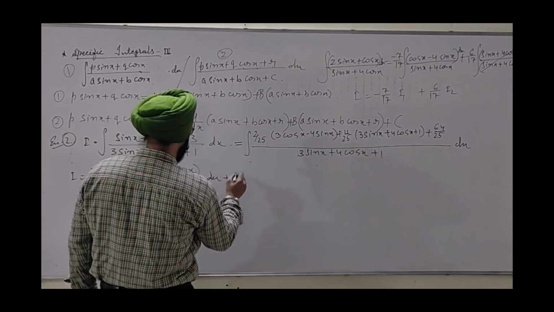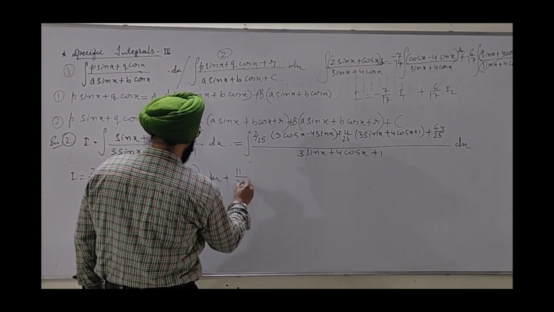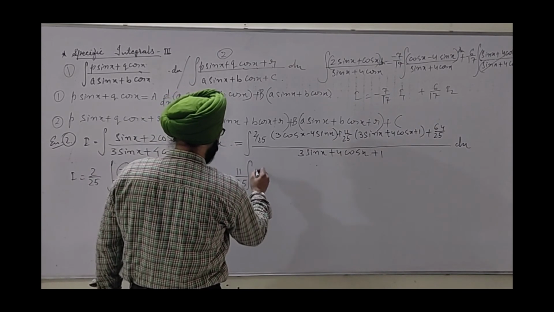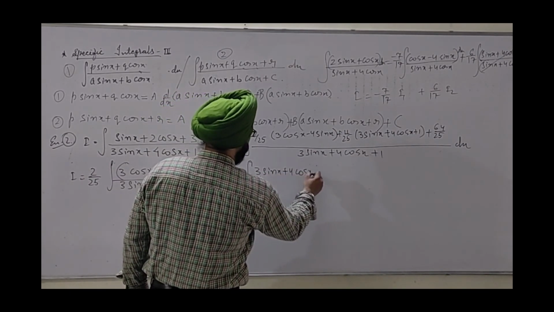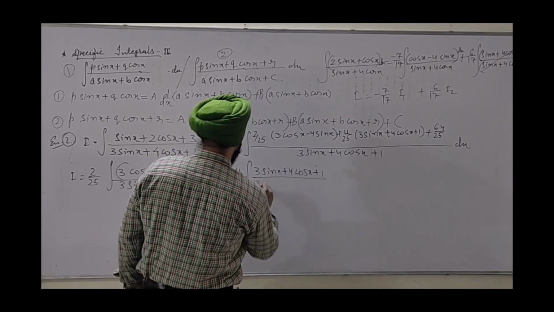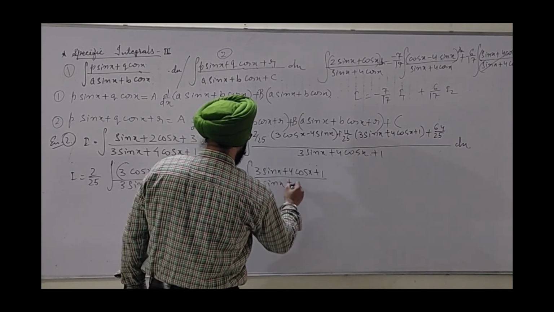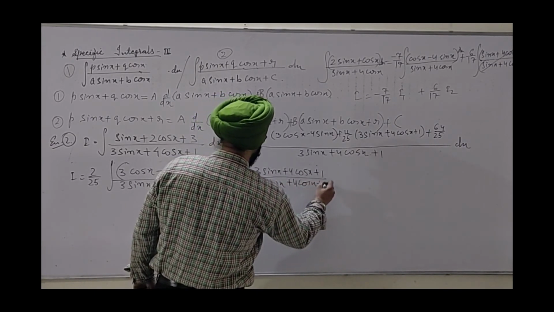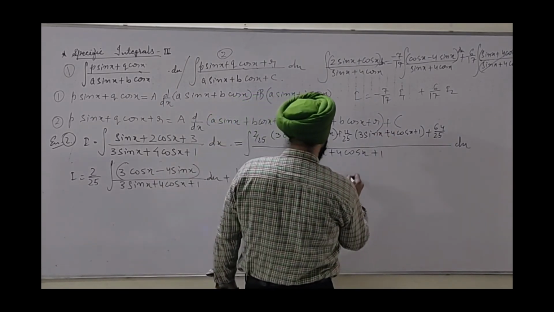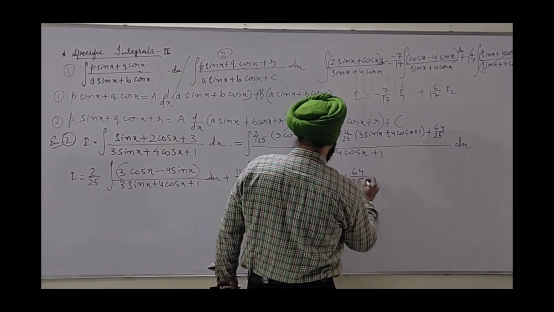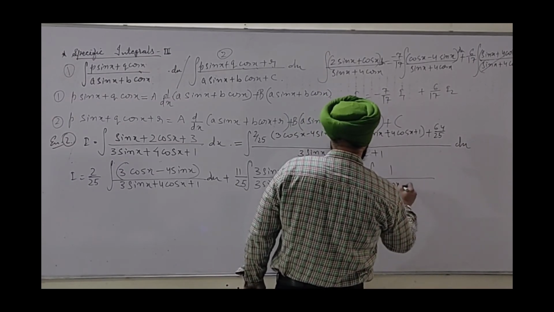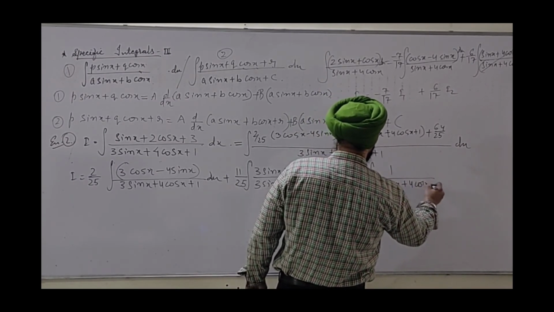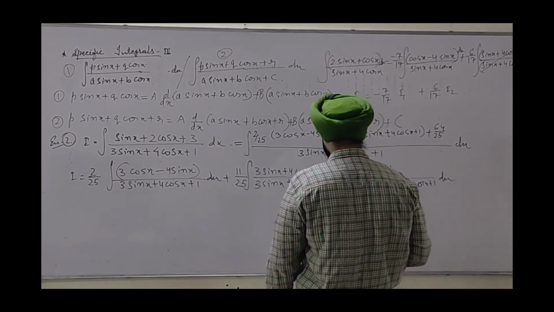Next is plus 11 upon 25 integral of (3 sin x plus 4 cos x plus 1) divided by (3 sin x plus 4 cos x plus 1) dx. Last one, 64 by 25 integral of 1 upon (3 sin x plus 4 cos x plus 1) dx.